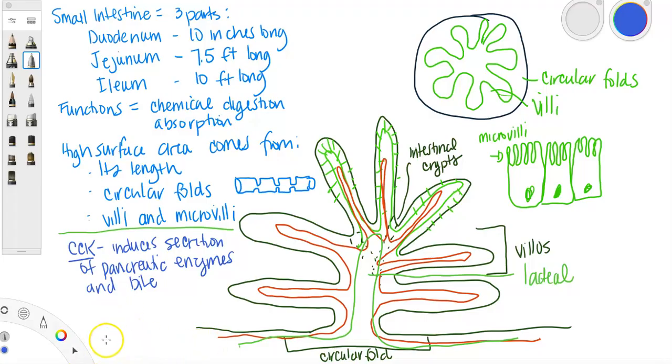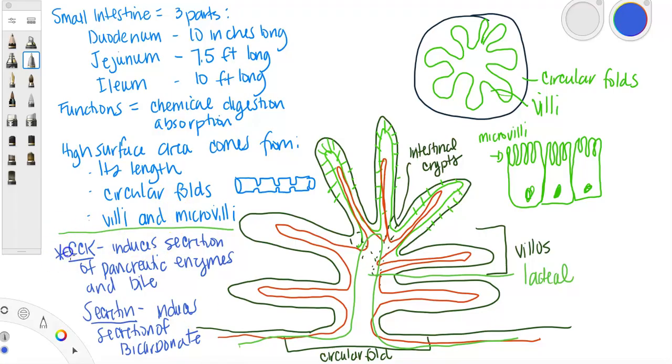And then secretin induces secretion of bicarbonate into the duodenum from the pancreas.